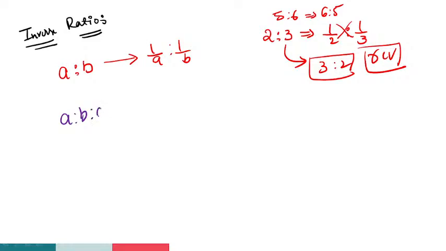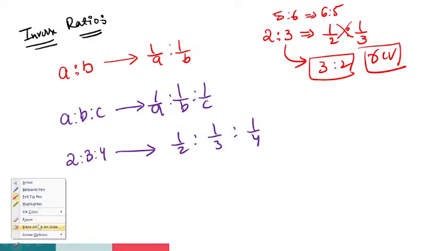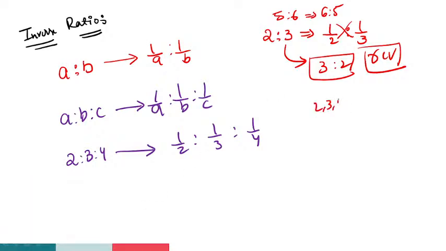A is to B is to C, the inverse ratio is 1 by A is to 1 by B is to 1 by C. Alright, for example, 2 is to 3 is to 4, the inverse ratio is 1 by 2 is to 1 by 3 is to 1 by 4. Find out the LCM, guys, of 2, 3, 4.